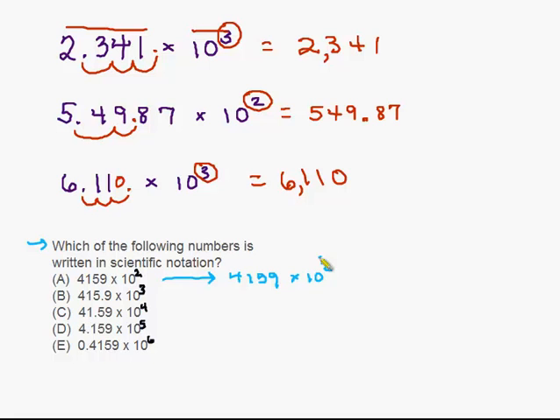So if you multiply this by 10 to the second power, if we have a decimal point here, we move this 2 places over. We would get 415,900. So let's do the same here.